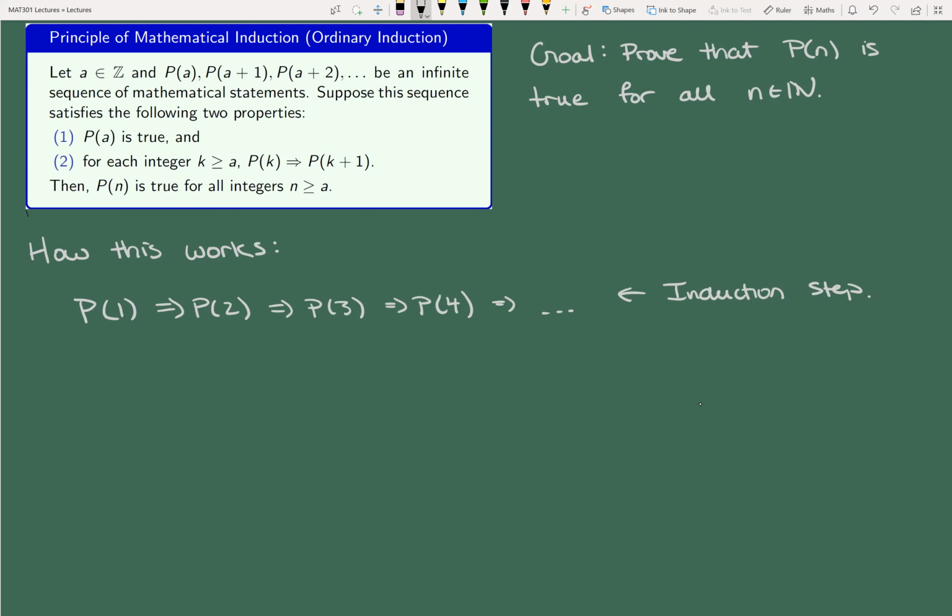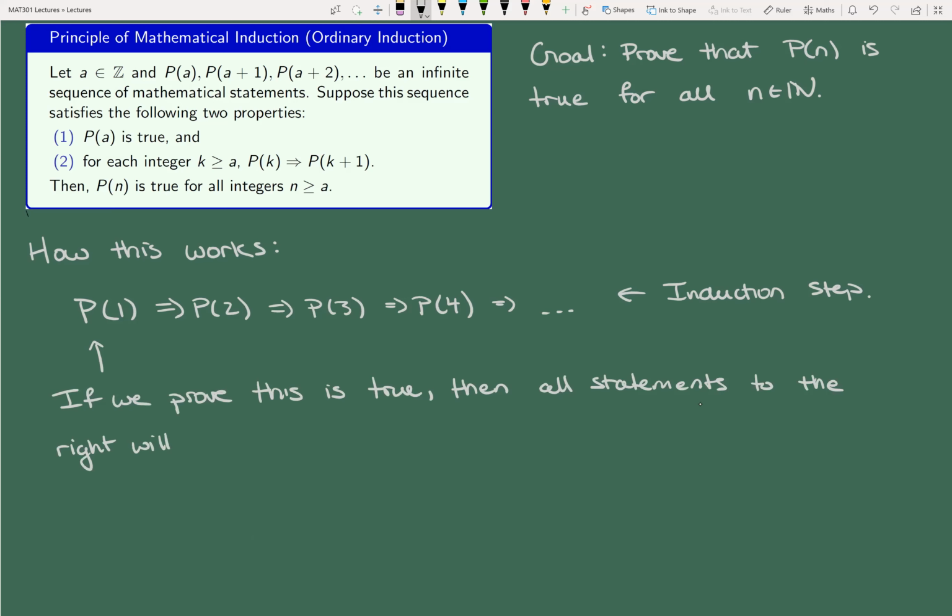Which means that the moment we can prove one of these statements is true, all of the statements to the right of it are true as well. So if we prove this true, then all statements to the right will also be true.